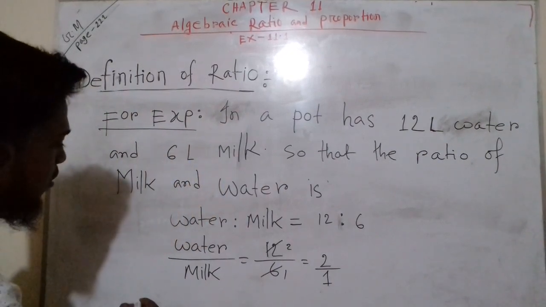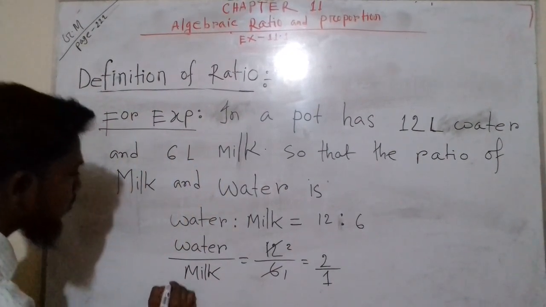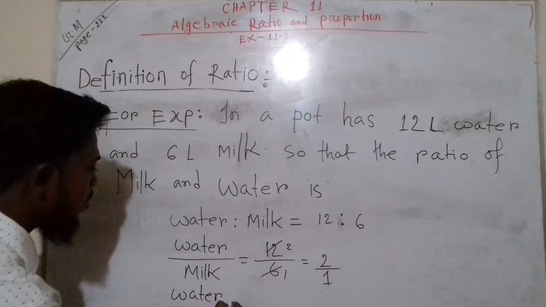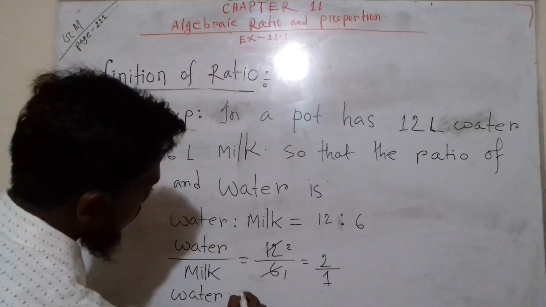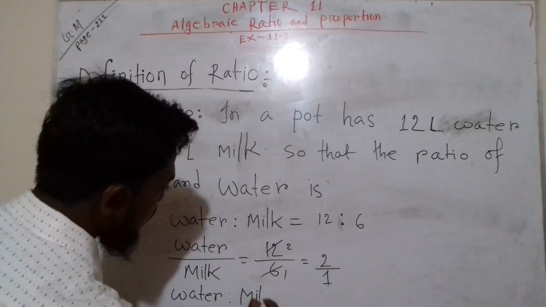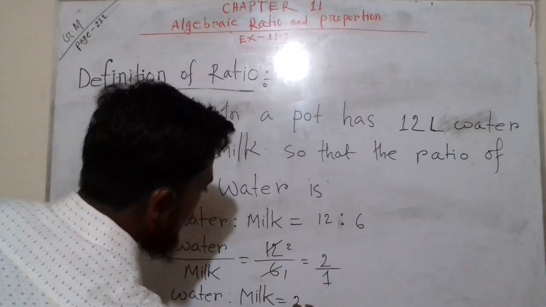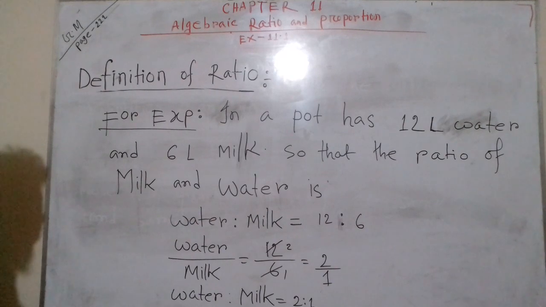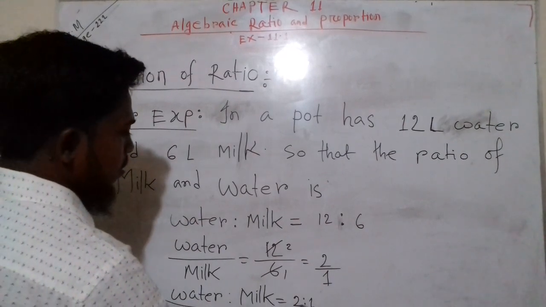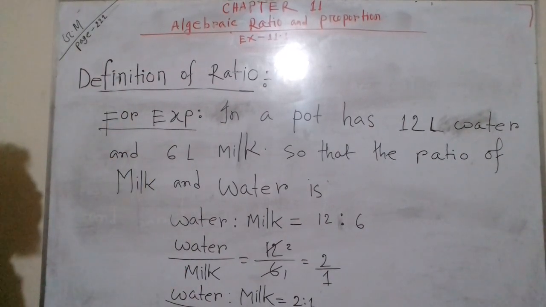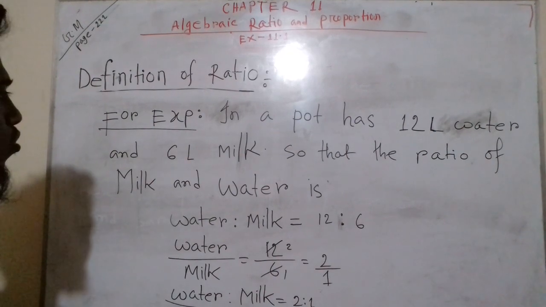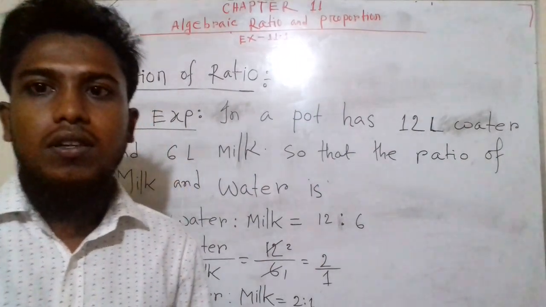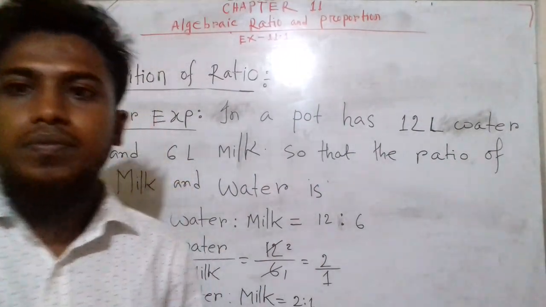So finally we can write water is to milk equal to 2 is to 1. This is the ratio of water and milk of this pot. I think, dear student, you have understood the definition of ratio.